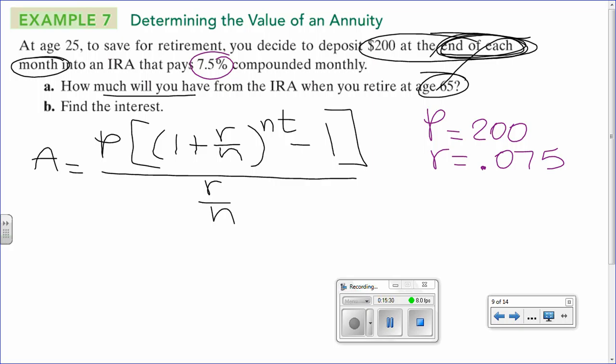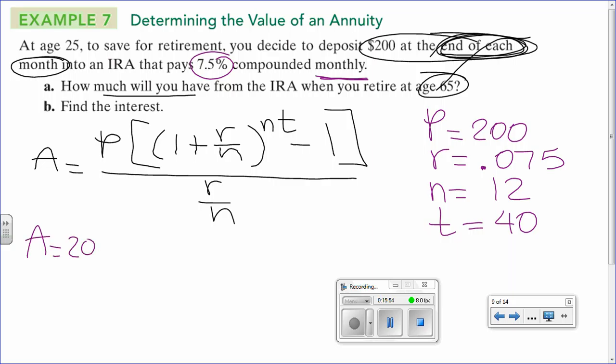Then the number of compounding periods: it says monthly, so that number is 12. And T is for time. How many years from age 25 to age 65? 40.